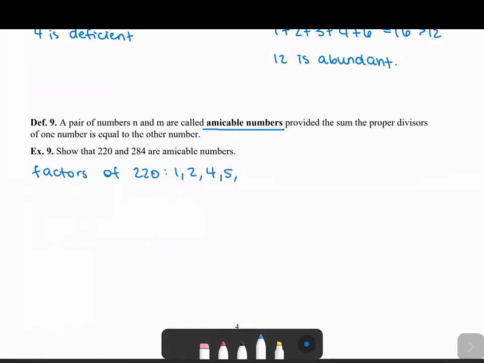Well, I guess we're not going to talk through it. I'm just going to tell you what the factors are, and you can double check it on your own. The factors of 220 are 1, 2, 4, 5, 10, 11, 20, 22, 44, 55, 110, and 220, lastly.